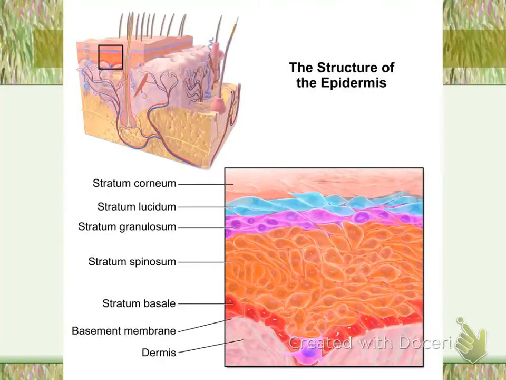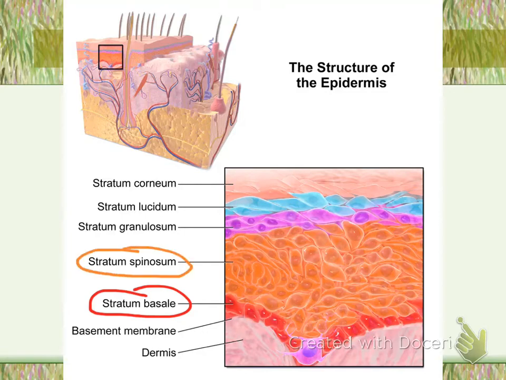Here in the picture on the bottom, you notice the 5 layers of the epidermis. Starting from the deepest layer is the stratum basale in the red. Then the thickest layer out of the 5 layers of epidermis is the stratum spinosum in orange.